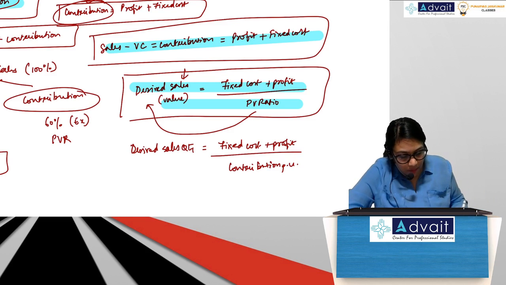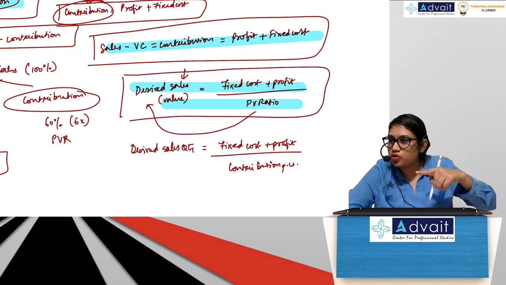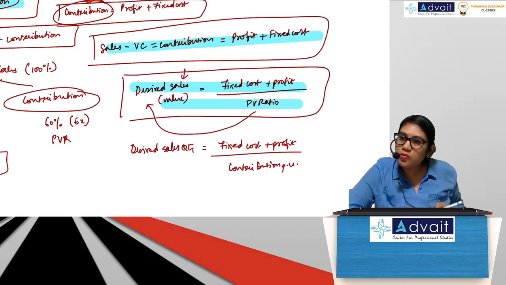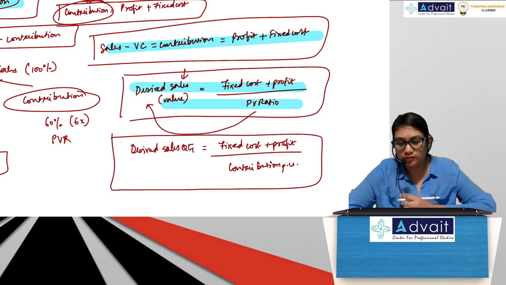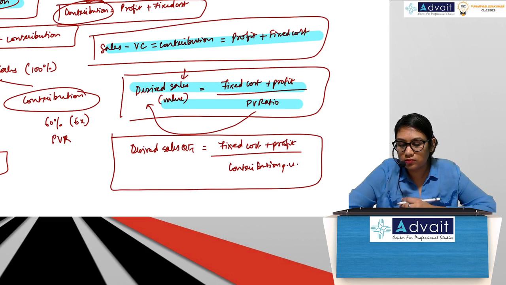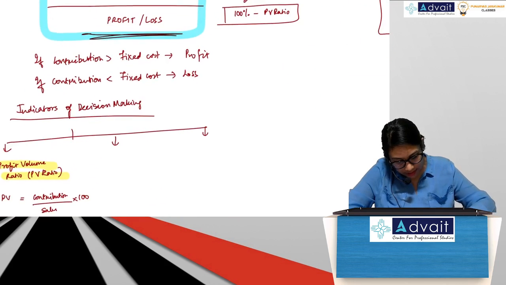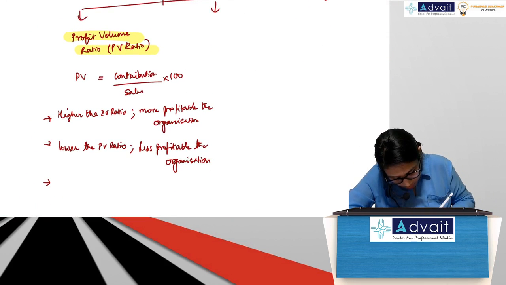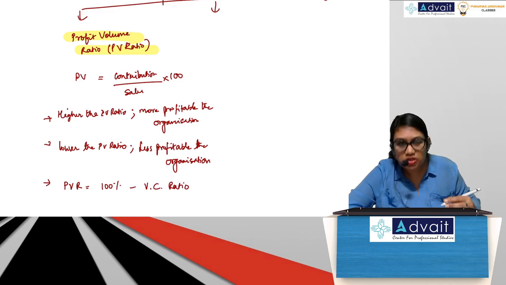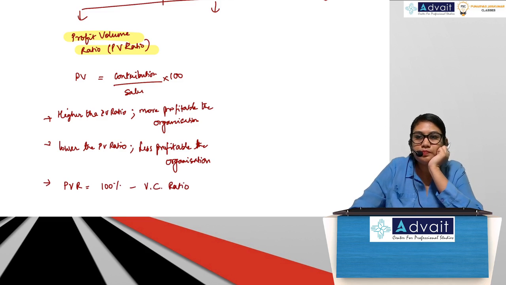So contribution per unit into sales quantity is total contribution, which is nothing but fixed cost plus profit. Right? Okay. Now, under PV ratio, I want you to write one more formula. PV ratio is 100% minus variable cost ratio. Correct?